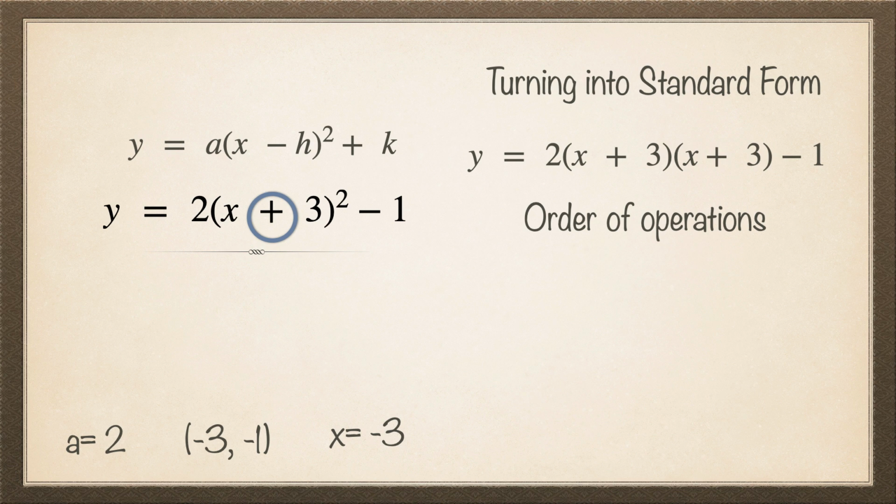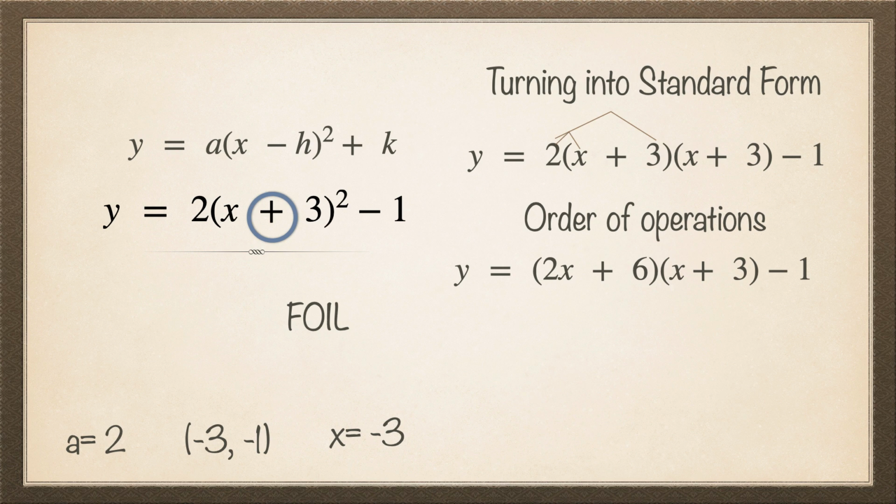So now I'm going to do multiplication or division from left to right. So multiplication is all I have here. So I'm going to go ahead and distribute that to that first binomial. And when I do that, I end up getting y equals 2x squared plus 6 times x plus 3 minus 1.